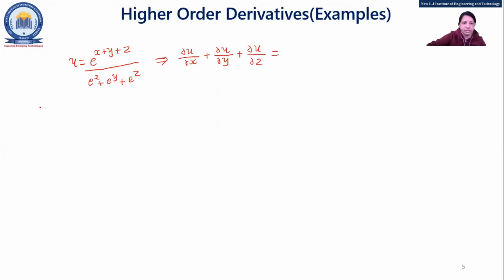Del u by del x, just quickly find that, and from that we'll write del u by del y, and this is equal to 2u.